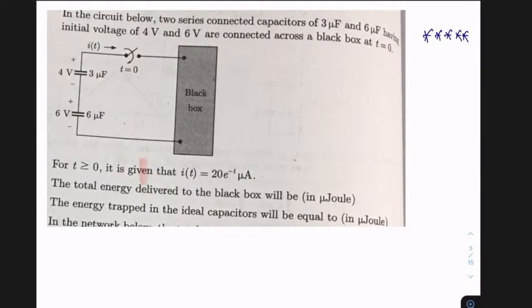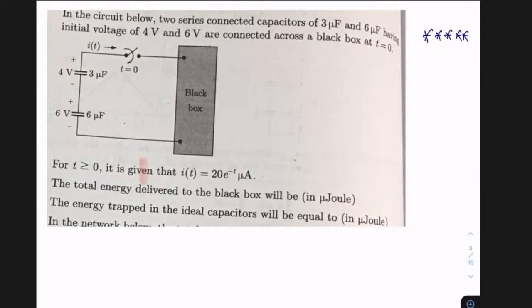There are 2 questions in this. The first is, what is the energy delivered to the black box? And the second, what is the energy trapped in the ideal capacitors? Please try to respond to this. It's a good thinking-based question, so hopefully you can answer.